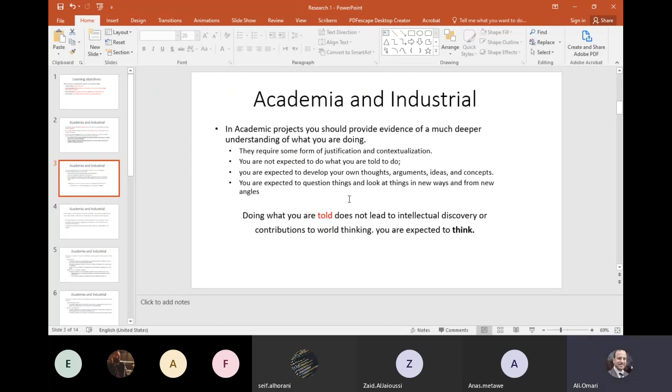And also, you have to look at the thing from different angles, not just one angle, which is only solving this problem. Probably you have to expand your horizon to be more creative.